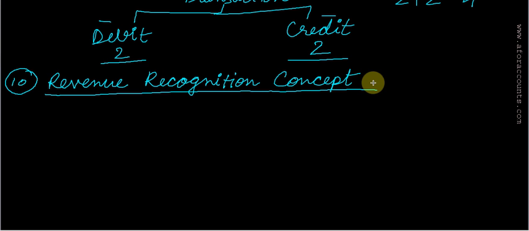Revenue recognition and revenue receipts are two different things. For example, say sale of goods on credit on 1st January, amount is received on 27th January. So recognize sales on 1st January, as then and there is a binding contract which takes place between the buyer and the seller. See, you have to tell when you will recognize the revenue.